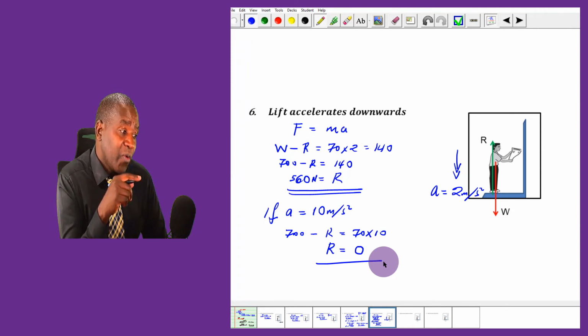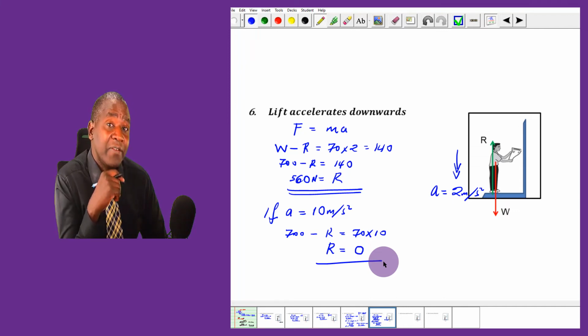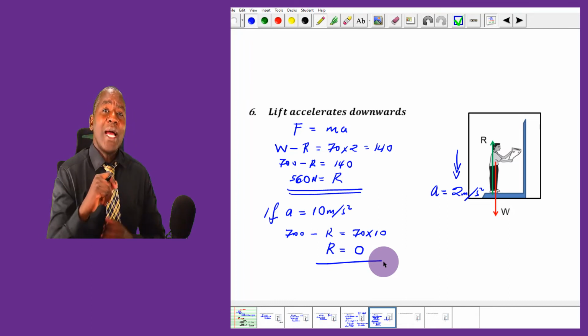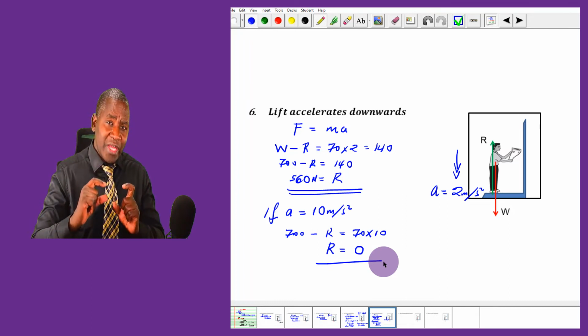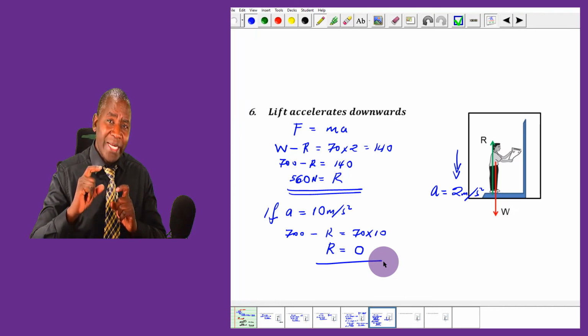The other time when he felt weightless was when the deceleration of the lift upwards was 10 meters per second squared. Now, the acceleration of the lift downwards this time is 10 meters per second squared, and he feels weightless. So what are the two situations that the person in the lift will feel weightless?